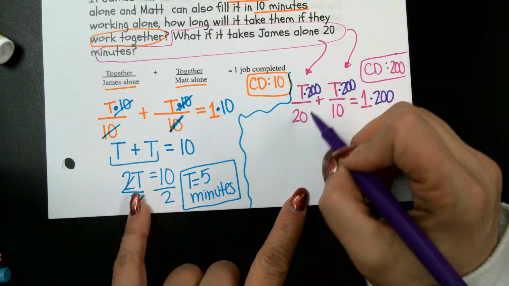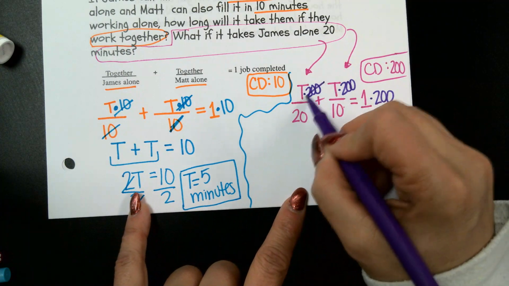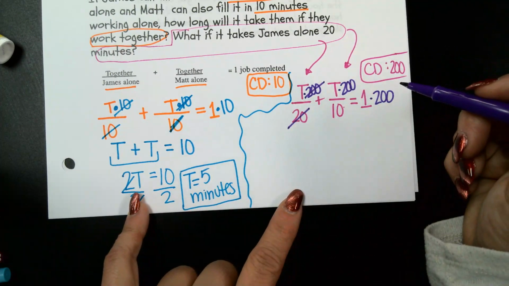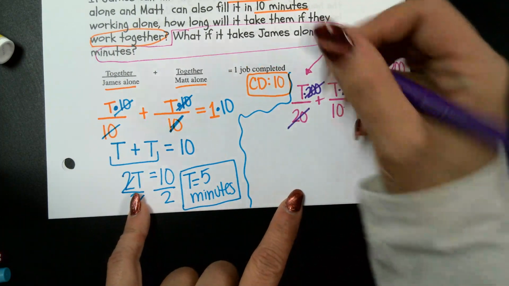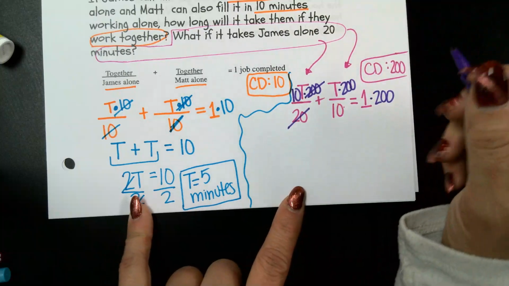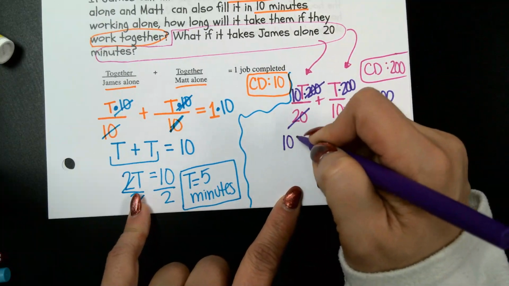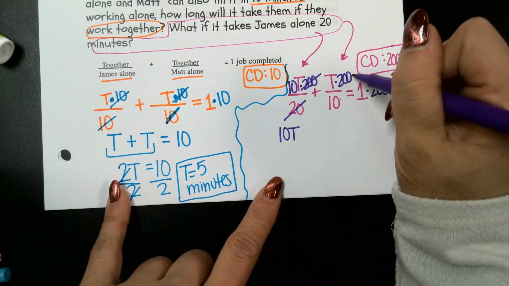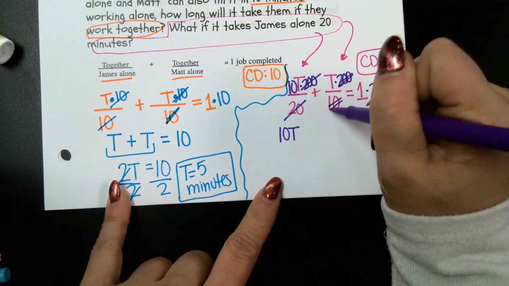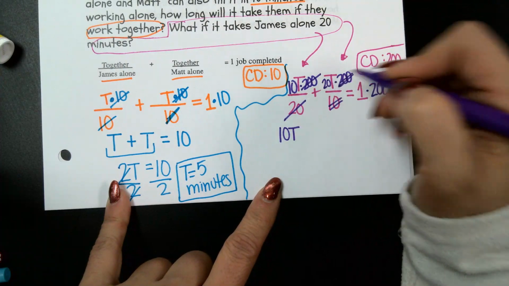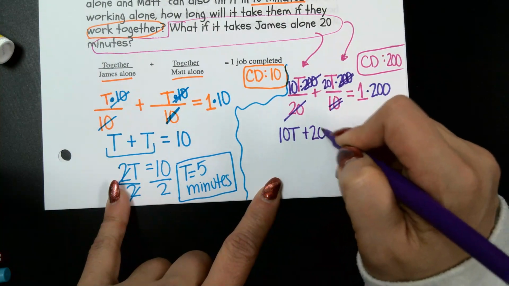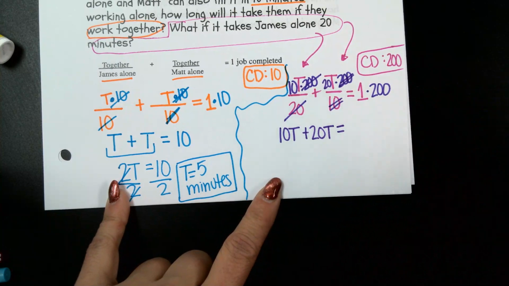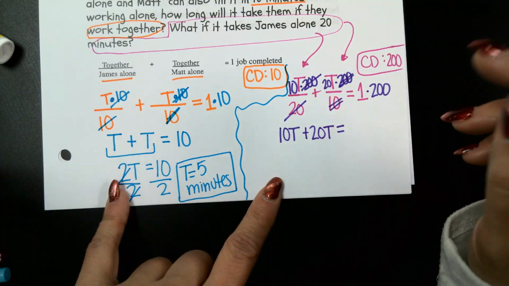200 divided by 20 would be what? The 10? So it leaves a 10 behind with the t. So that's 10t. What's 200 divided by 10? So it leaves behind a 20 with the t. So far on the left side I have 10t plus 20t.